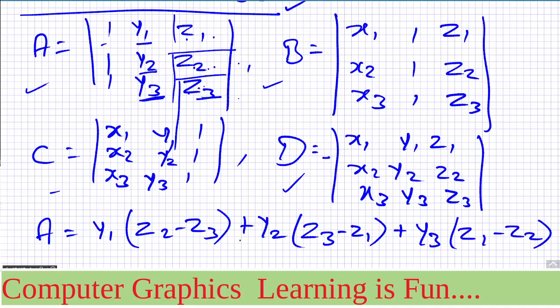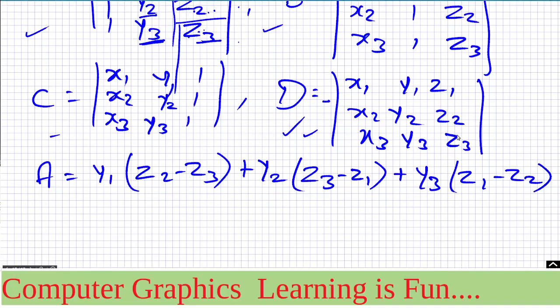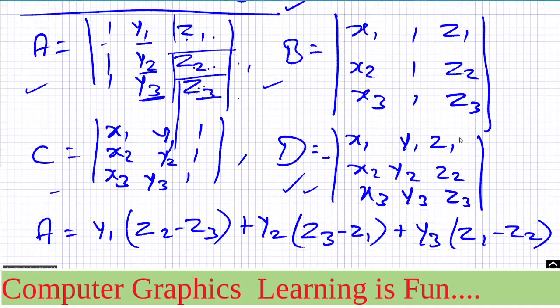Similarly, these things can be found for others as well, a, b, c and d, okay. So now you will have the values for a, b, c and d, and given any point you can easily find whether it is on the surface or not.